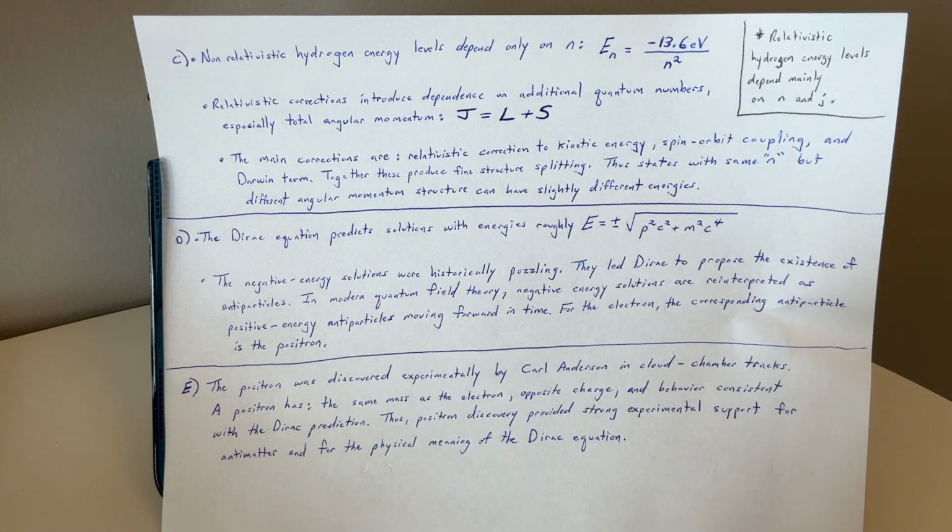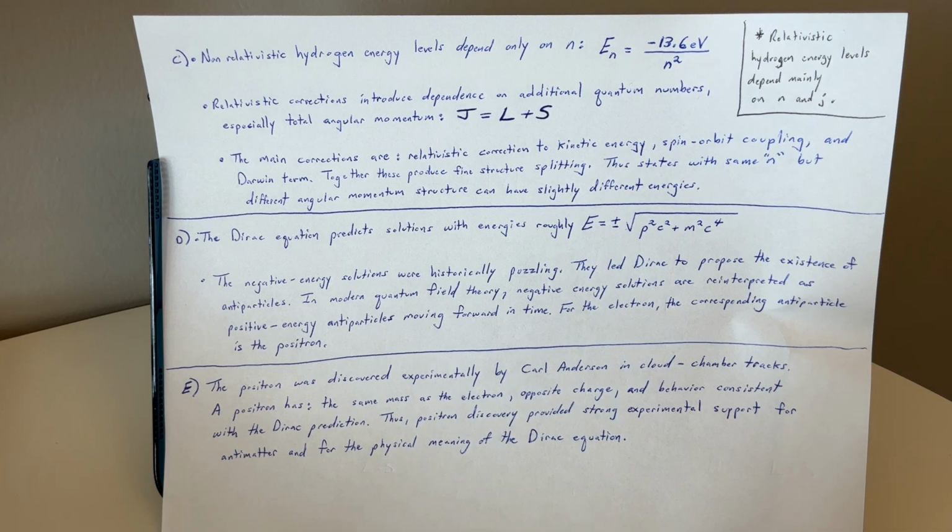Now letter E. They're asking, what experimental evidence supports the existence of antimatter? Interesting stuff. The positron was discovered experimentally by Carl Anderson in cloud chamber tracks.